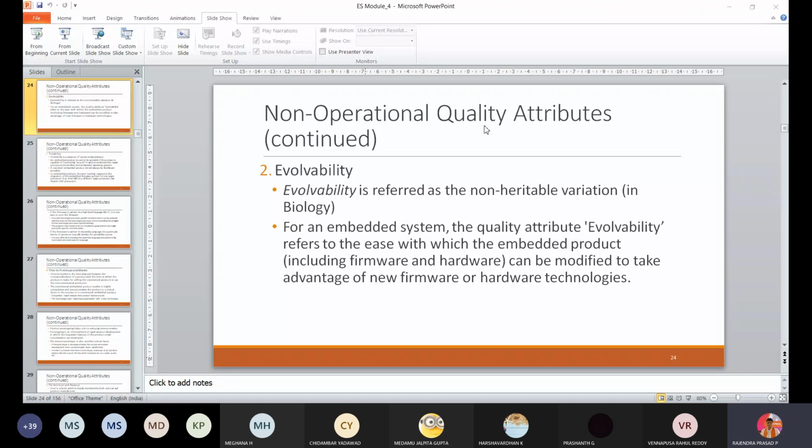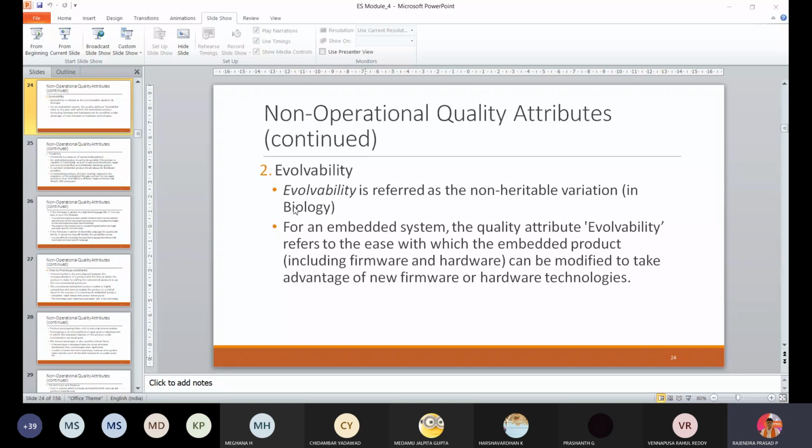Per unit cost, income, everything should be there. Proper market study and cost benefit analysis should be carried out before taking a decision on the per unit cost of the embedded product. The budget and total system cost should be properly balanced, providing a marginal profit.